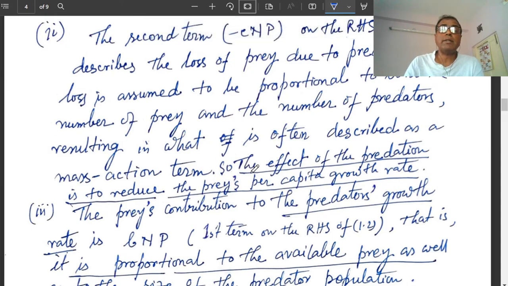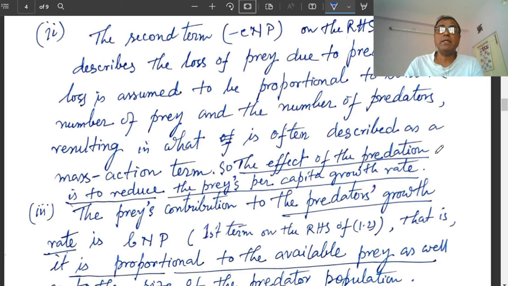Resulting in what is often described as a mass action term. So the effect of predation is to reduce the prey's per capita growth rate.